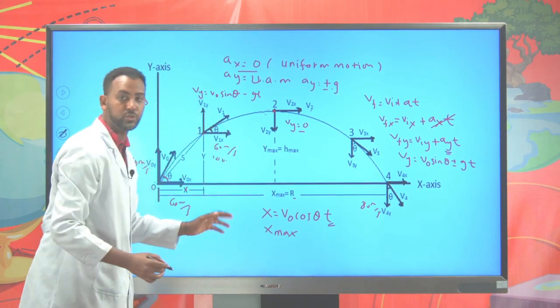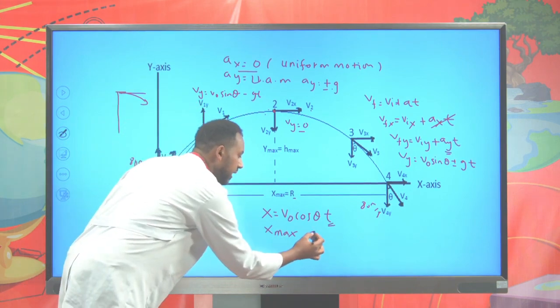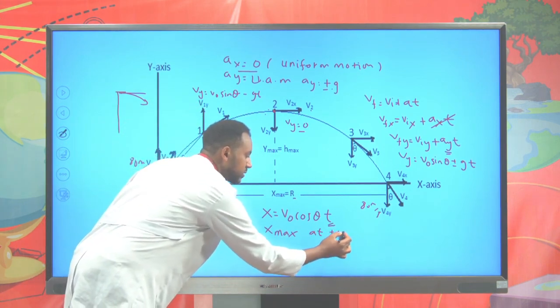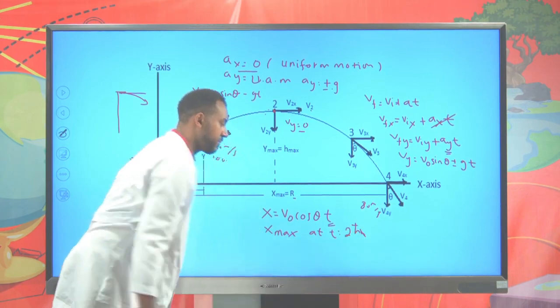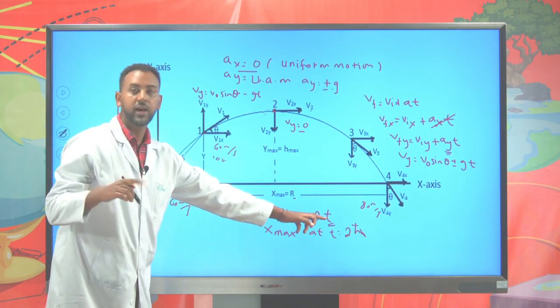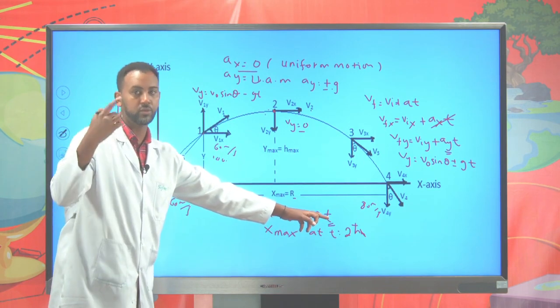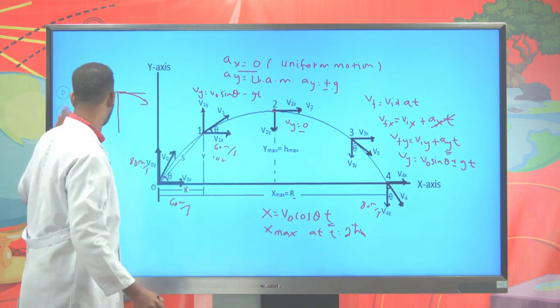So the maximum horizontal displacement is determined at time t equal to twice the half-time of flight, t half. Therefore, let's substitute the half-time of flight, doubling it. Let's see here.